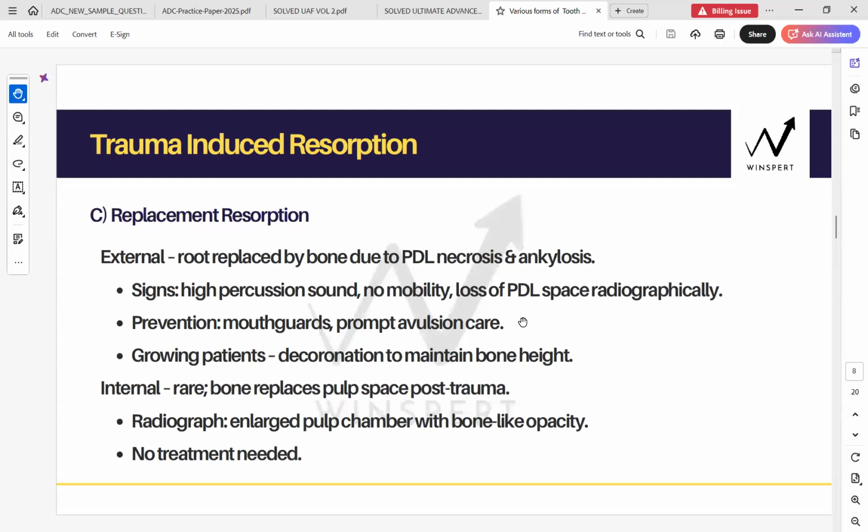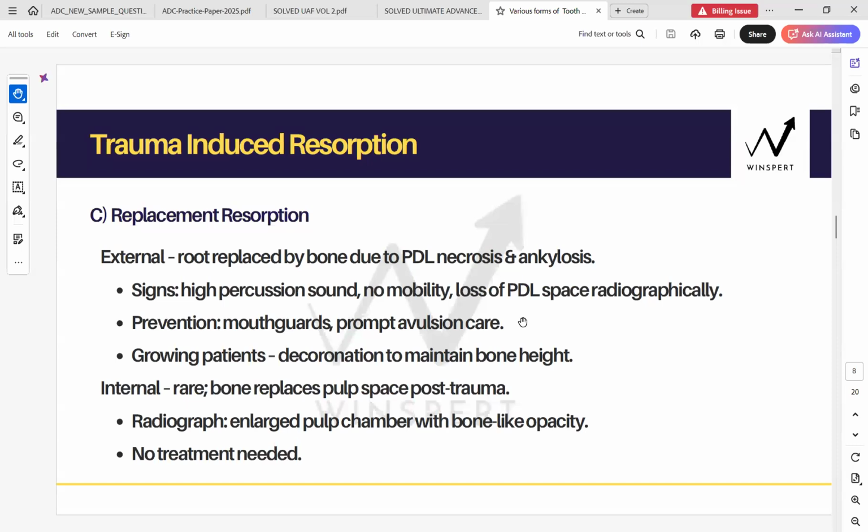Most of all, what is linked with replacement resorption? Number one reason is avulsion. Clear? So trauma-induced replacement resorption comes from avulsion. Prevention comes from use of mouth guards during playing sports. And in growing patients, suppose you have noticed after reimplanting an avulsed tooth, replacement resorption occurred.